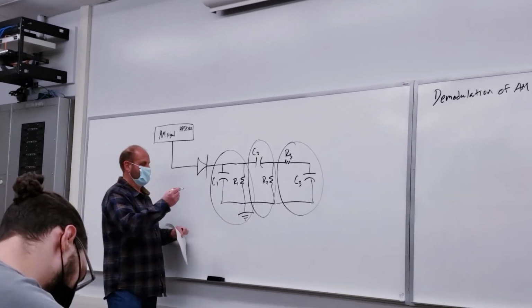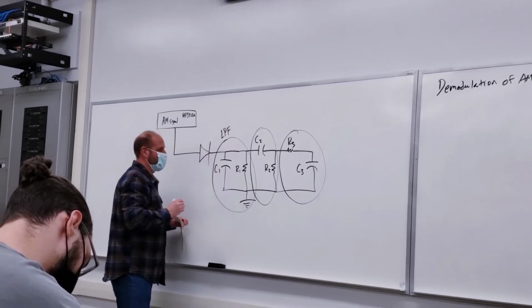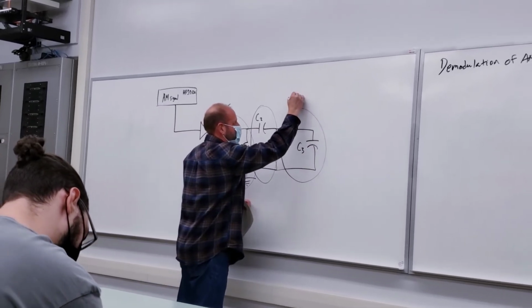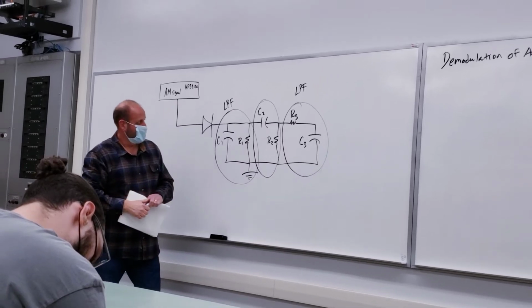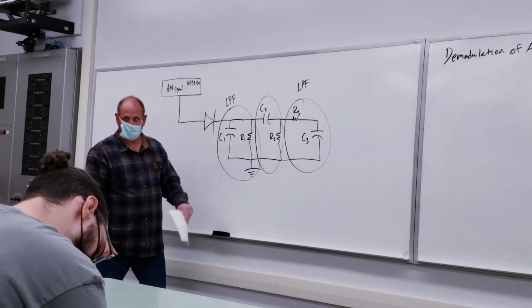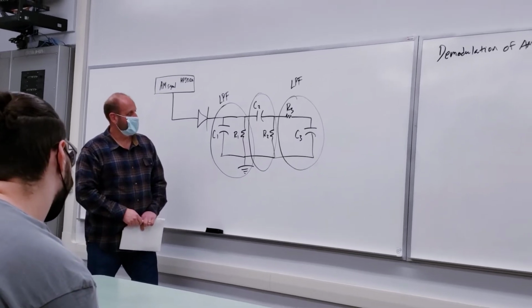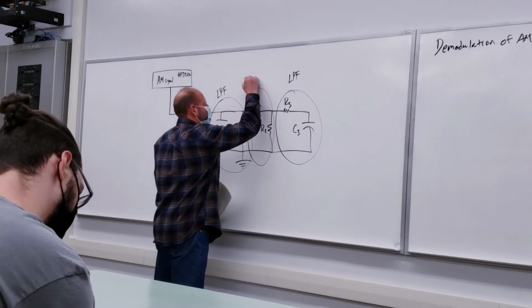Same here. You can tell that's a low pass filter. Here, the opposite, right? We get a connection through at high frequencies, and at low frequencies it's blocked off. So here we have a high pass filter.